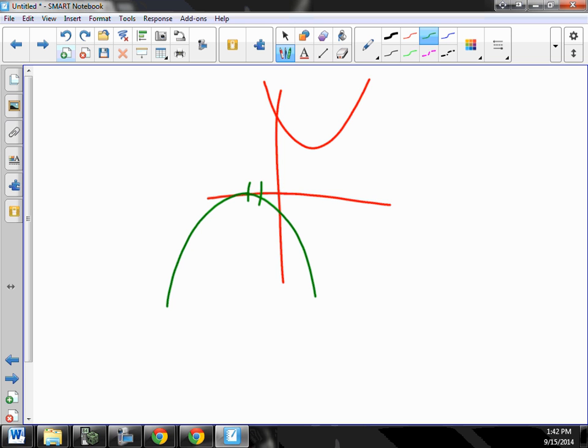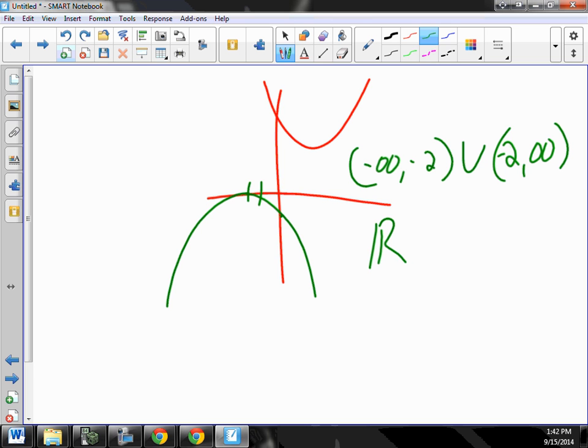No, it's on the axis, so that doesn't count. So this would be never positive, but it's negative from negative infinity to negative 2, union negative 2 to infinity, because it is not positive at negative 2. But there's a faster way to write that. We could just say all real numbers, but x is not allowed to be negative 2, which means everywhere but negative 2 it's negative.